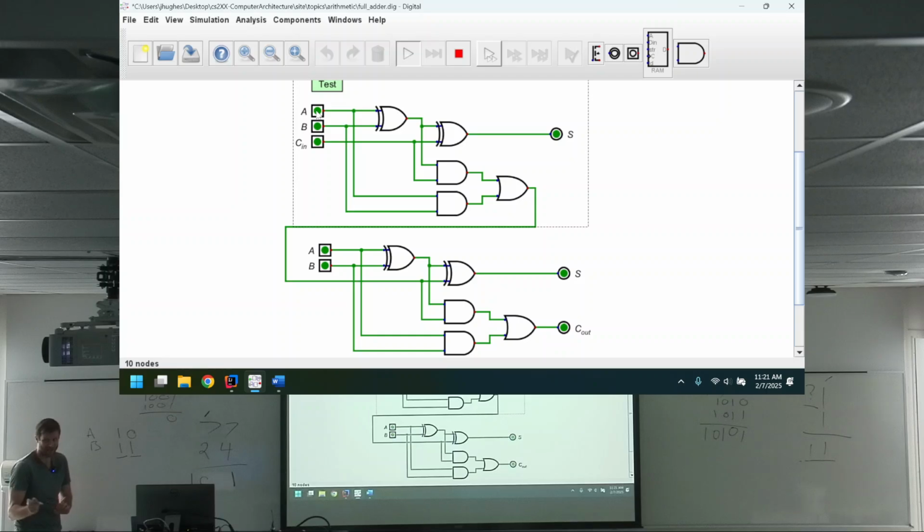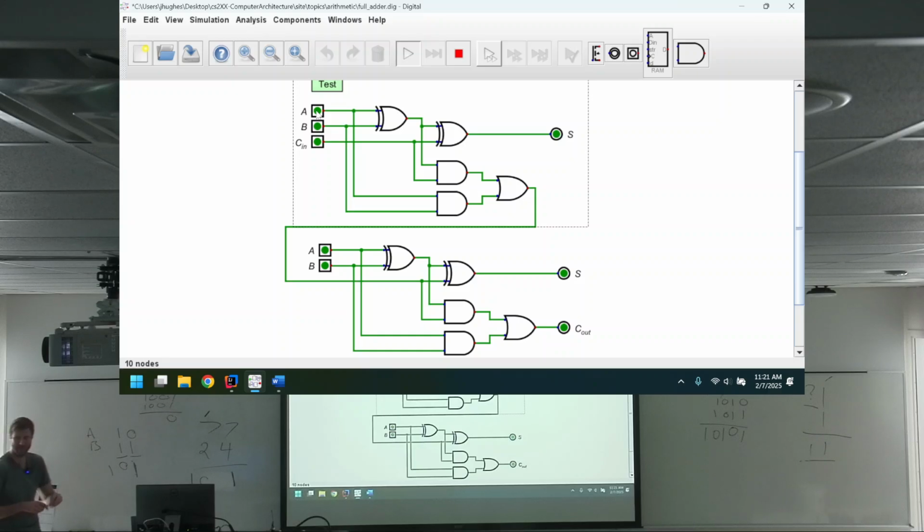What should the answer be? 1, 0, 1, right? Is that right? No. 0 plus 1 is 1, everybody. There, that's better. 2 plus 3, 5, right?